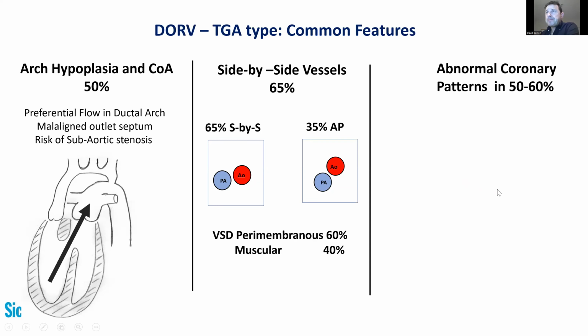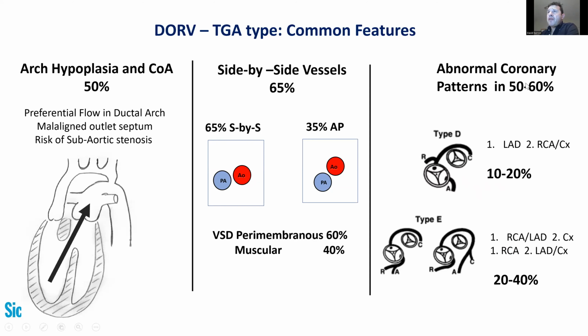So more than half of the cases will have abnormal coronary patterns, and almost all of these are retropulmonary circumflex. So the Yacoub definition is of the type D and type E coronary patterns. Type D is where the right coronary and circumflex come off together from sinus 2, so the circumflex goes behind the pulmonary artery.